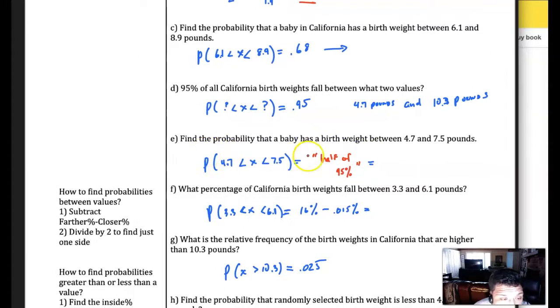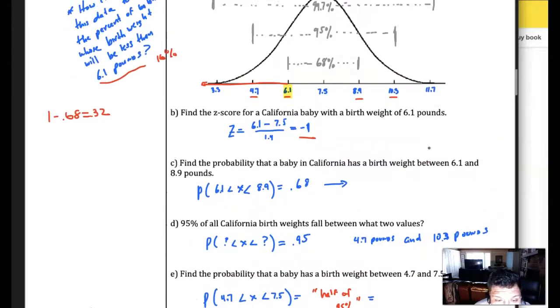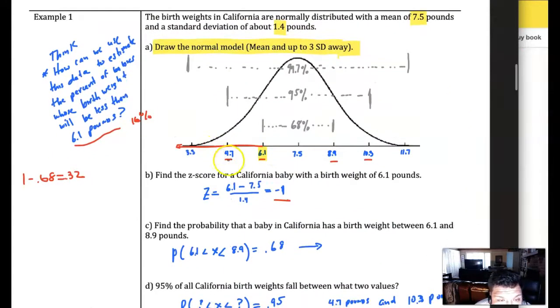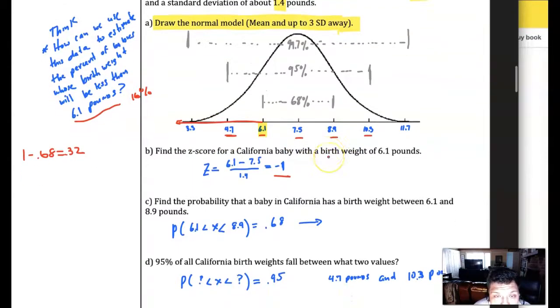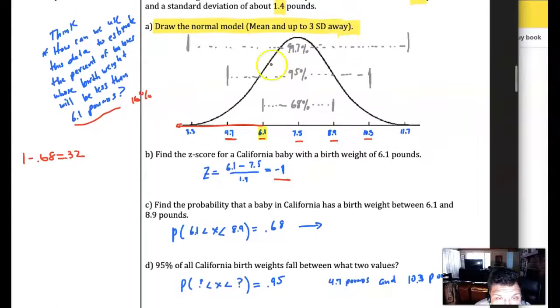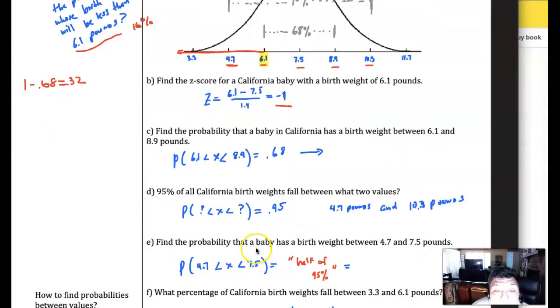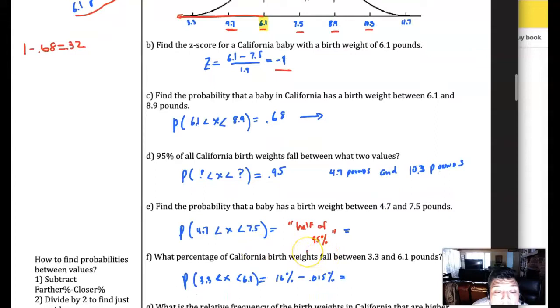Find the probability that the baby has a birth weight between 4.7 and 7.5. So let's look at 4.7 right here and 7.5. It's a little bit harder to do, so you should pause and take a look at what percent that is. What percent of the babies fall between 4.7 and 7.5? Notice my notation here, half of 95%.